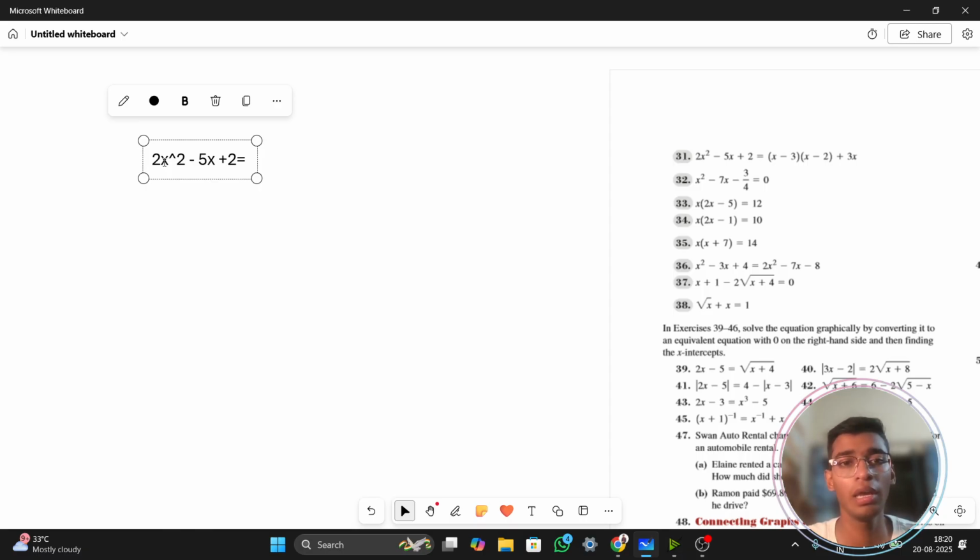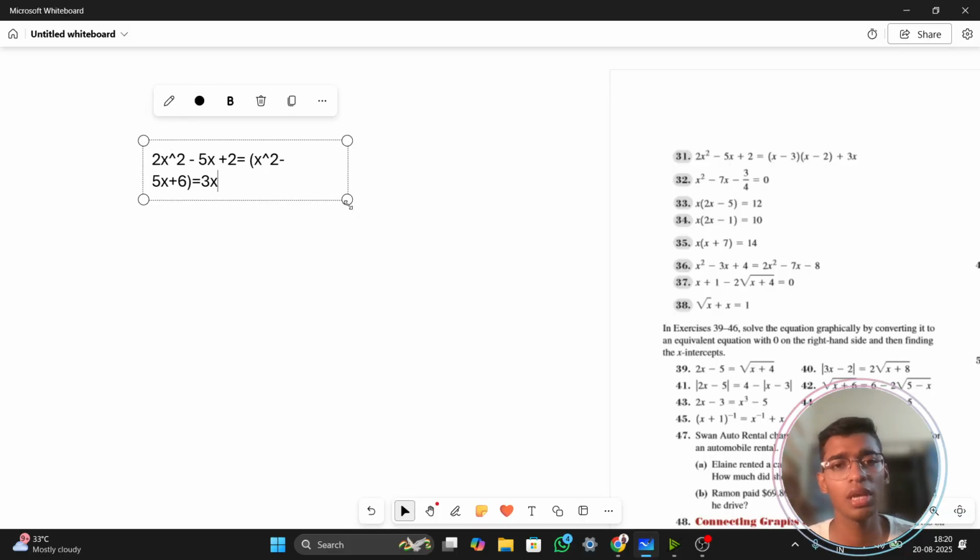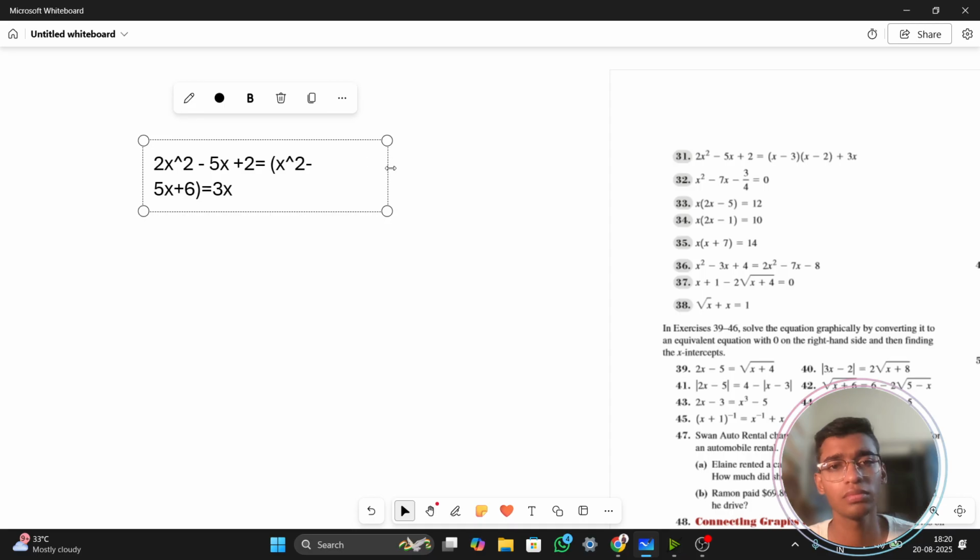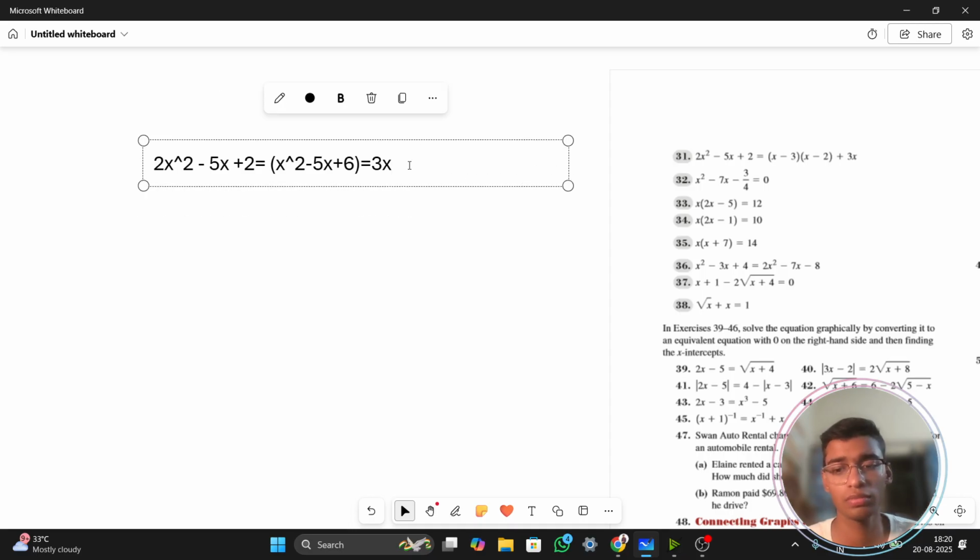So what I'm getting is x squared minus 2x minus 3x gives me minus 5x, and minus 3 into minus 2 gives me plus 6. This is what I get after opening the brackets. This is what you need to do at the first instance, that is, simplify.